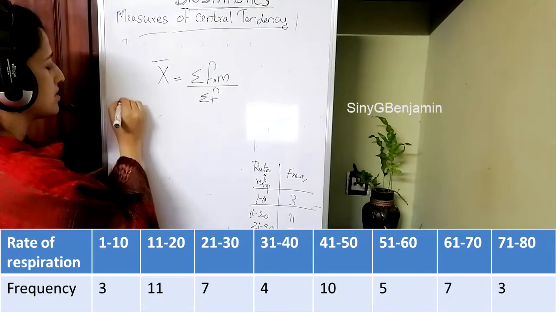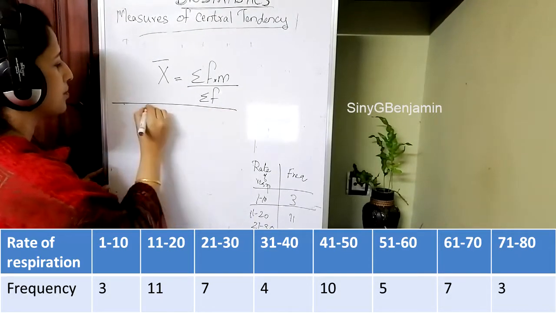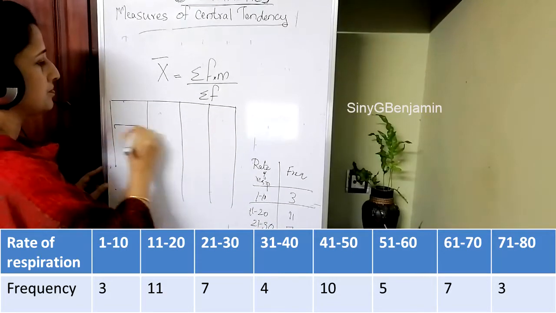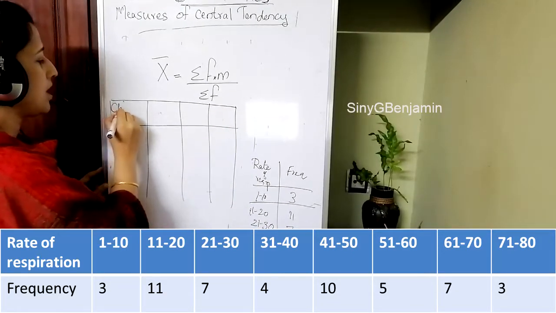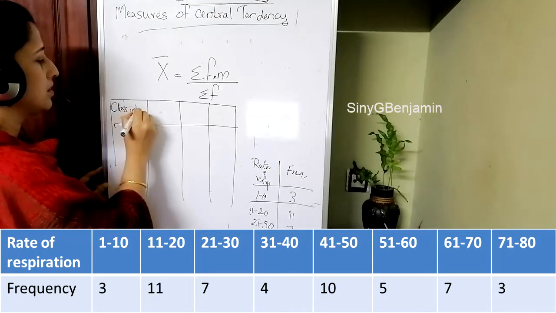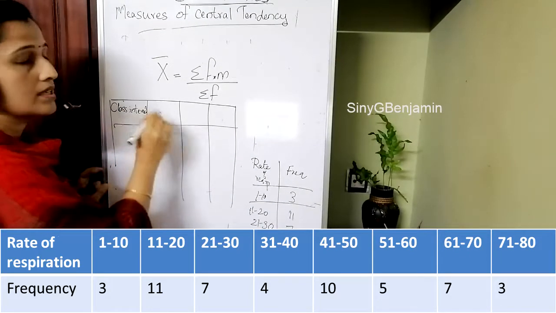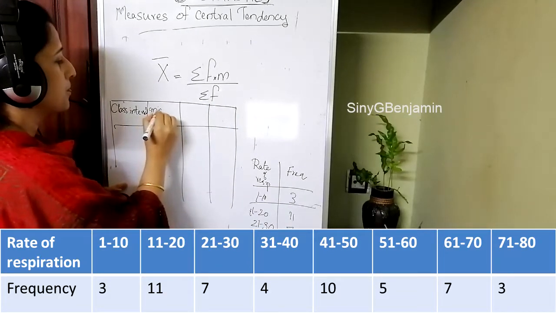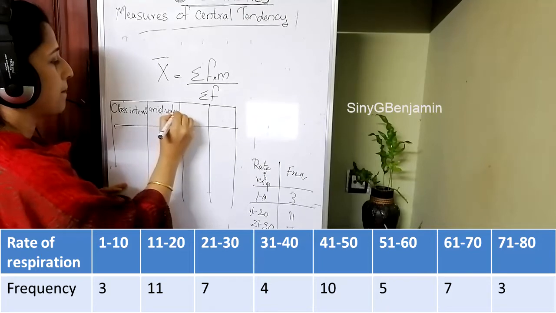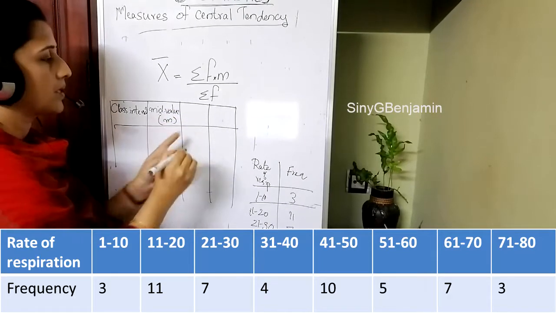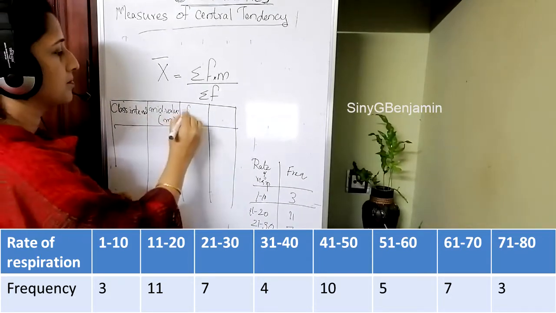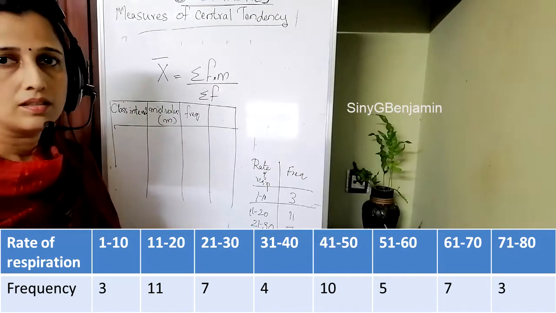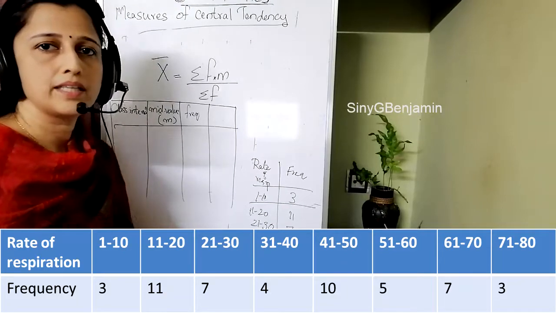The first column is the class interval, the second column is the midpoint or mid values, the third is the frequency, and the fourth column is the mid value multiplied by the frequency.